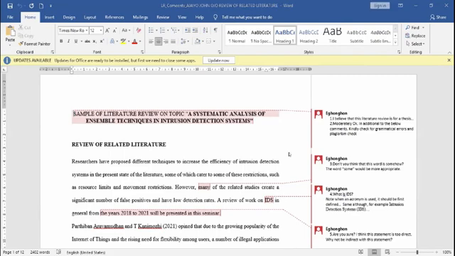And there are some words he was using, some direct words, or what I would call authoritative words. Everybody will learn from this. He said, however, many of the related studies created a significant number of false positives and have low detection rate. My question was, many, without citing it? The statement was too authoritative.